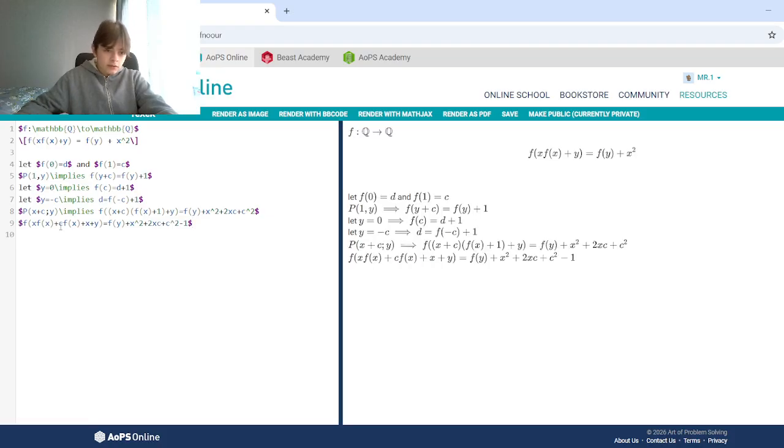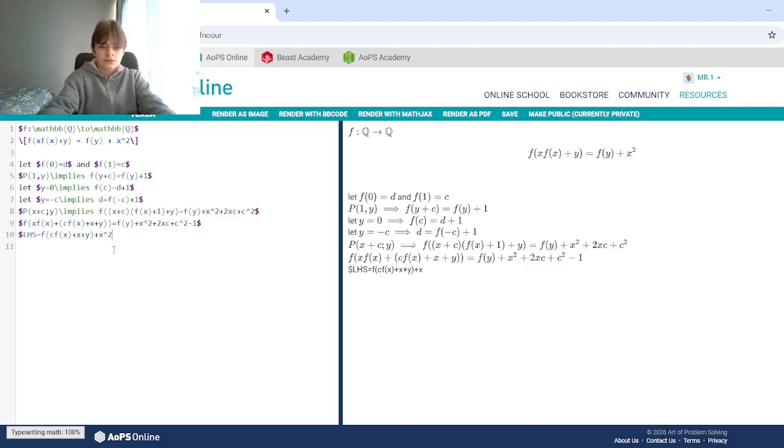And now if we look closely, we see that in the original equation we have x f(x + y), and here we have x f(x) plus this. So the left-hand side is equal to f of this stuff, so the whole thing, I'll just copy this, f of this plus x^2.